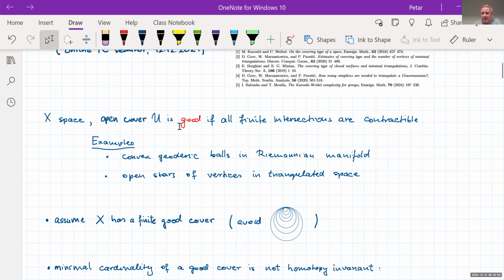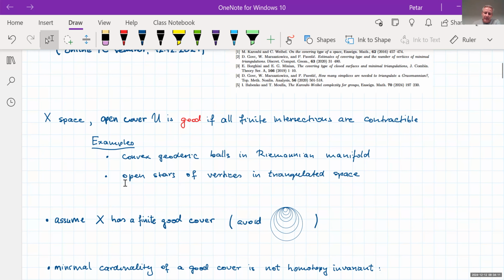Here we will always assume that we have some good cover, so we avoid things like a Hawaiian earring. We assume a finite good cover for all spaces, and I'm not going to make exceptions, most of the time.